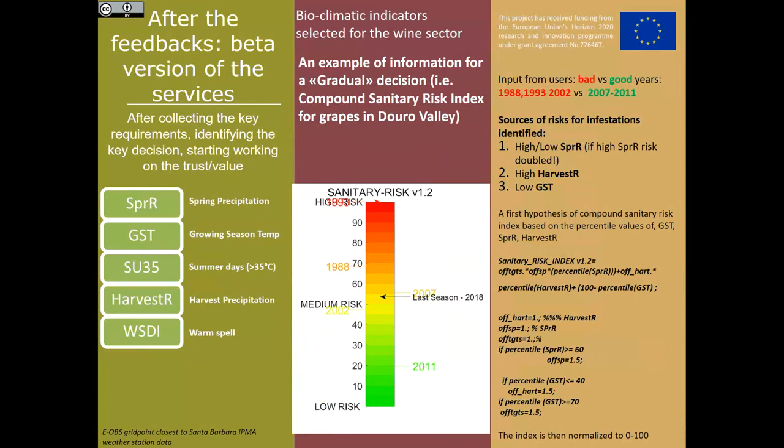The two years were very, very close, but one was catastrophic and the other one was very good. So this ranking fits well with the memory of the users.